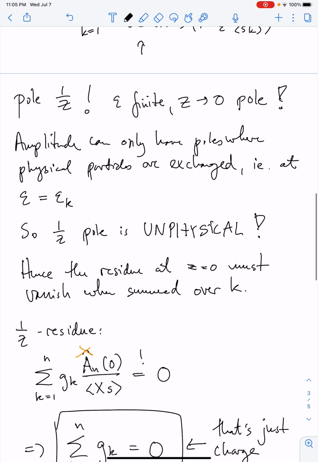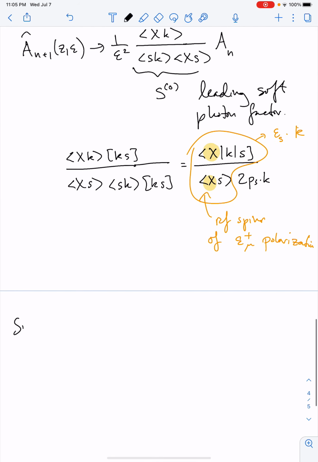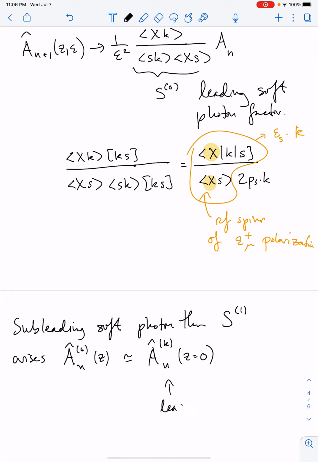How do I get the subleading soft photon theorem? Well, when I look at this term, the subleading soft photon theorem with S1 arises from cancelling the 1 over z by writing A n of z as A n at z equal to 0. This gave the leading S0 part.